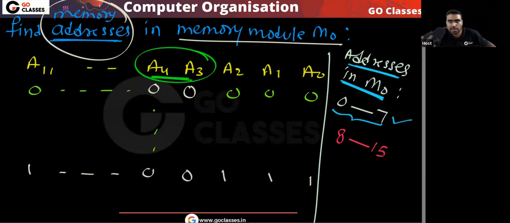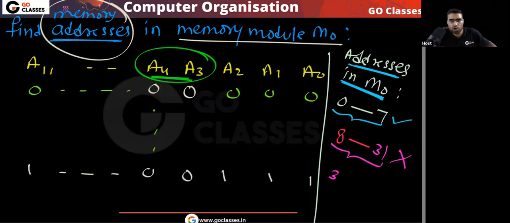I think till 31, these addresses will not be there. 0 to 7 will be there, till 31 nothing will be there. What about 32? Yes, 32 will be there, right? Yes or no? 32 will be there.